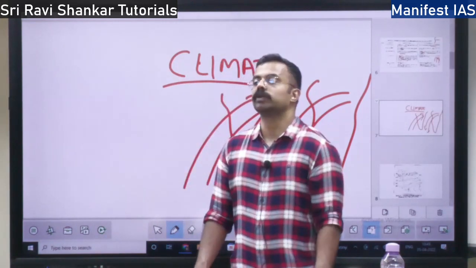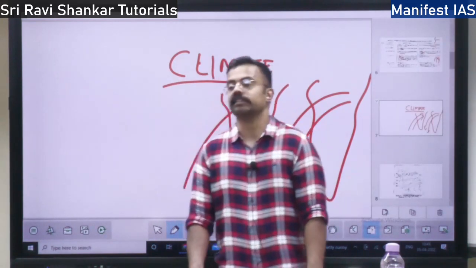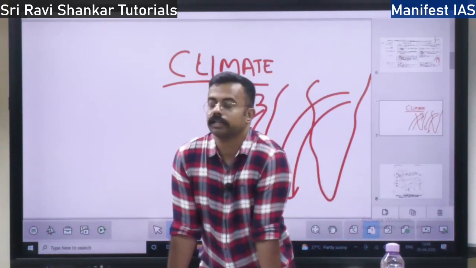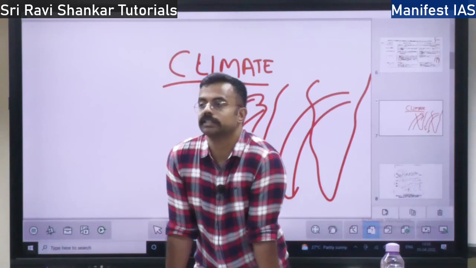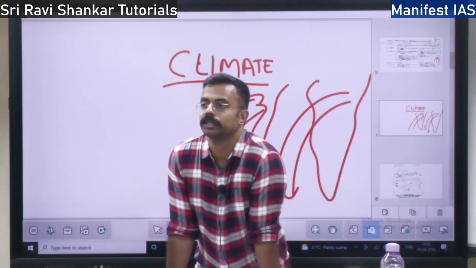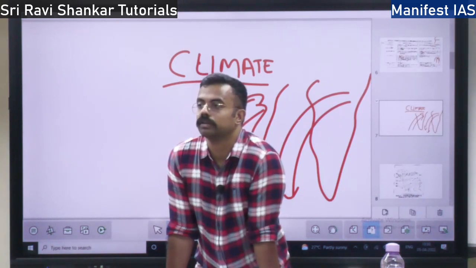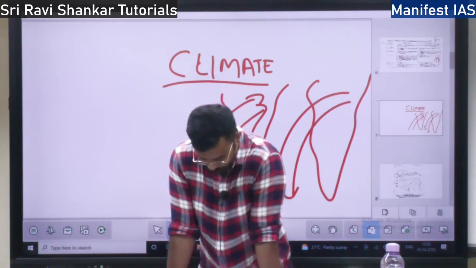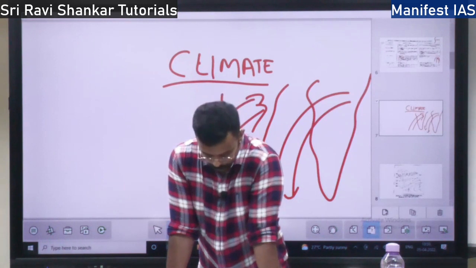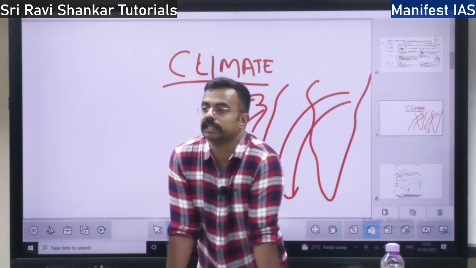Next we will talk about precipitation, the variation in rainfall. In the June month you will have a lot of rainfall because of the monsoon, from June to September, but in November, December you will have very little or no rainfall, right? Then you have the coastal region, Tamil Nadu.